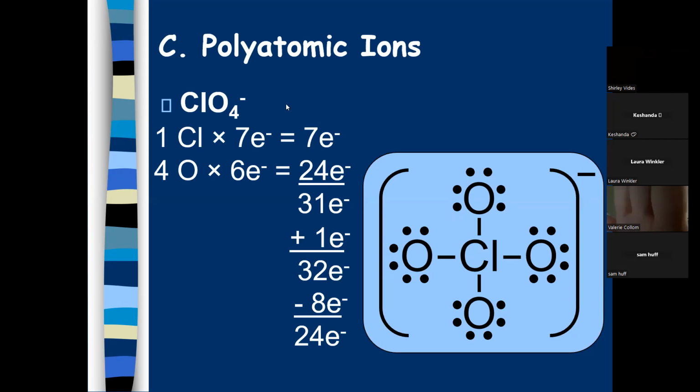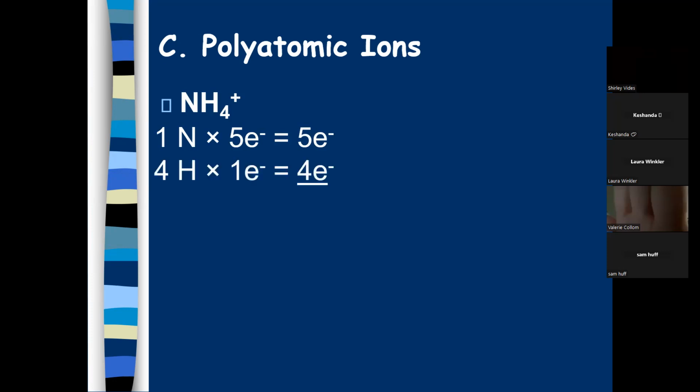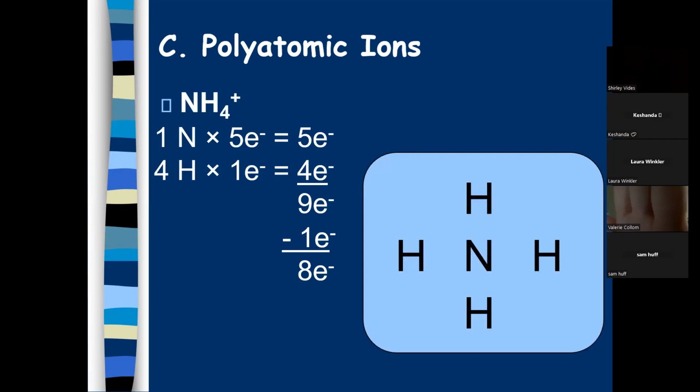Now let's look at a polyatomic ion that is positive, ammonium. Ammonium ion, okay, so we have 1 nitrogen times 5, and we have 4 hydrogens times 1. That gives us a total of 9. But we are supposed to subtract 1 electron, and that gives us 8. Now, when we make this, you're going to be going, all right, we are using all of the electrons.